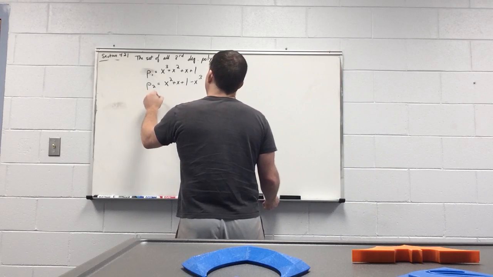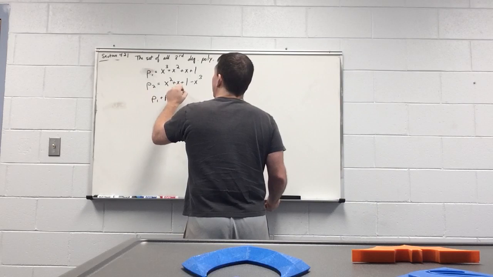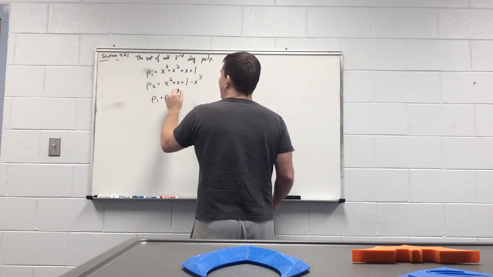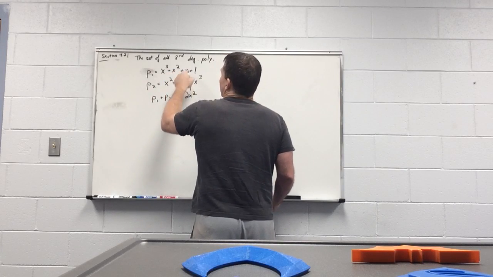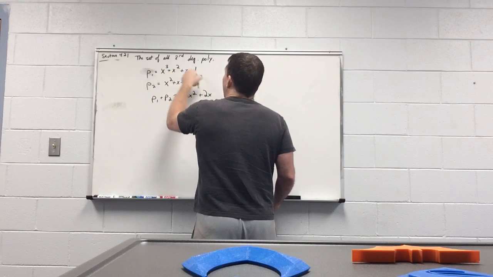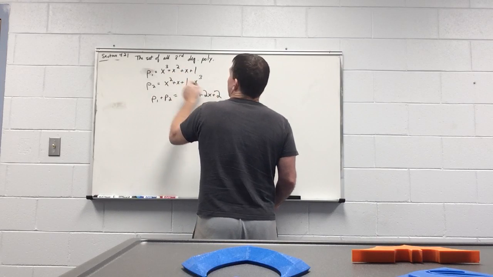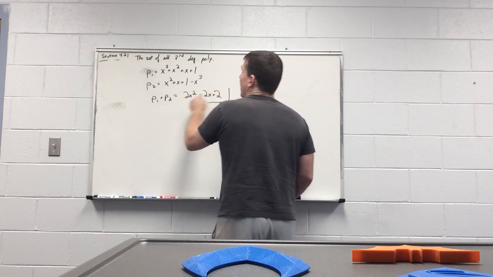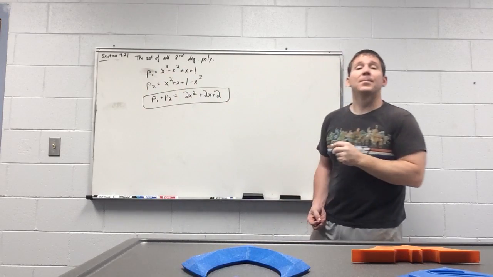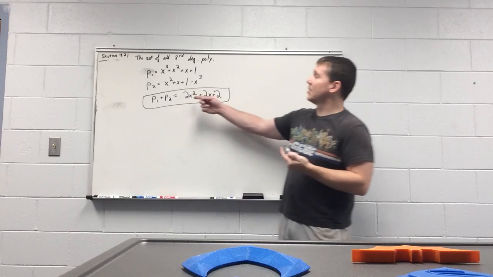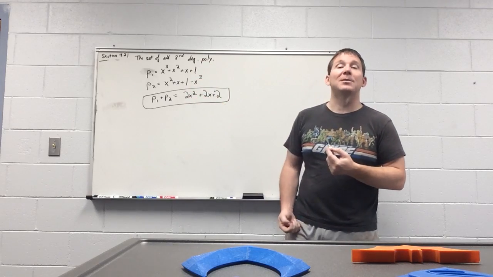Now, what is p sub 1 plus p sub 2? Combined component-wise, x squared plus x squared is 2x squared. x plus x is 2x. 1 plus 1 is 2. x cubed minus x cubed is 0, and I get this. But that's not a third degree polynomial, it's a second degree polynomial.